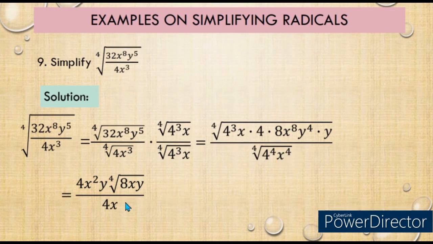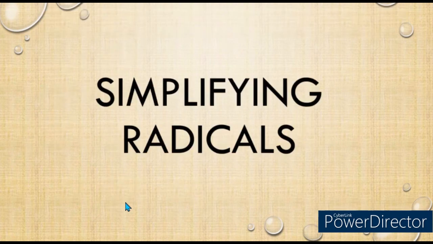So that is the simplified form of the fourth root of 32x raised to 8, y raised to 5 divided by 4x raised to 3. Or, pwede pa pala natin i-simplify. So we have xy, fourth root of 8xy.